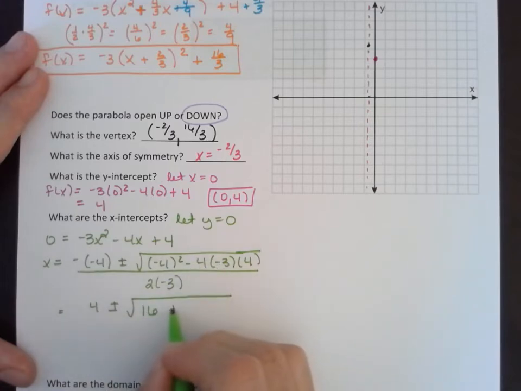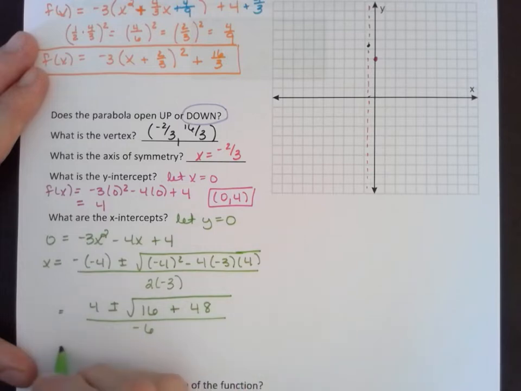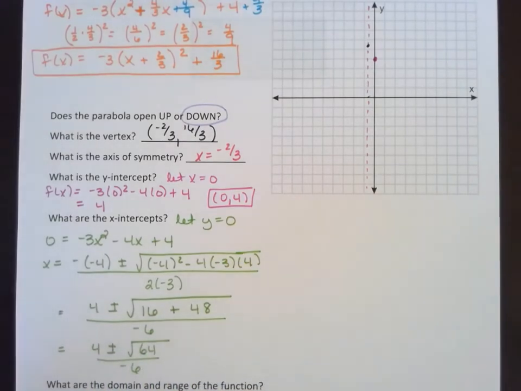Negative times negative is positive. 4 times 3 is 12. 12 times 4 is 48. All over negative 6. So we have 4 plus or minus the square root of 16 plus 48 is going to be 64 over negative 6. How about that? It would have factored.